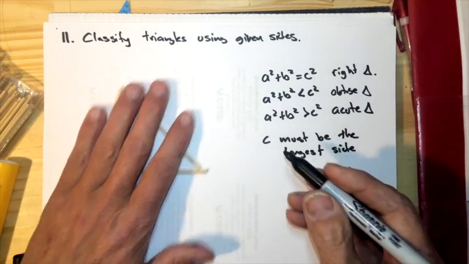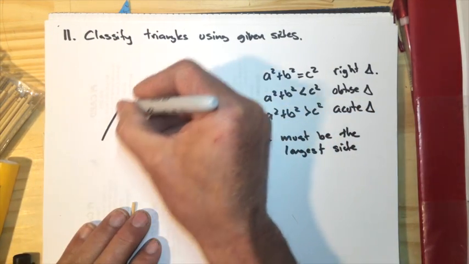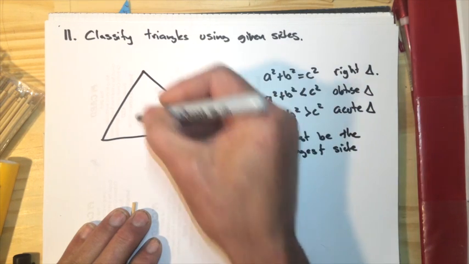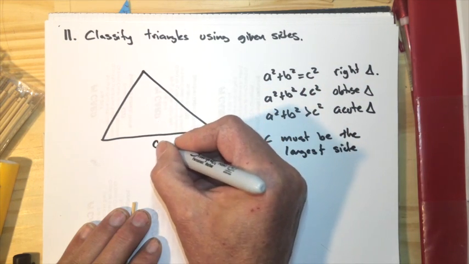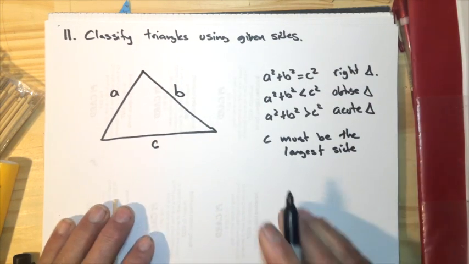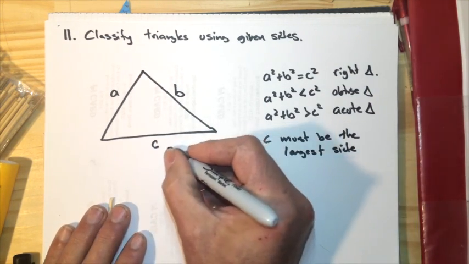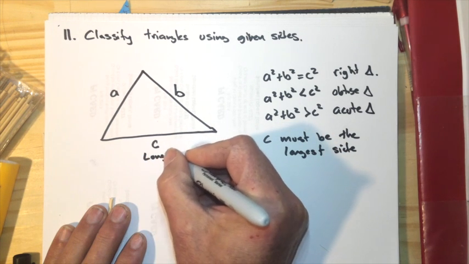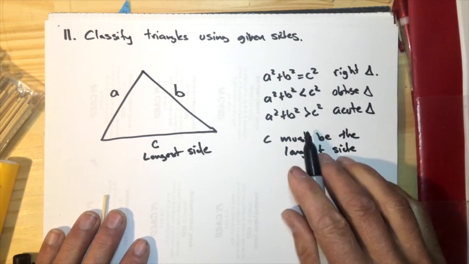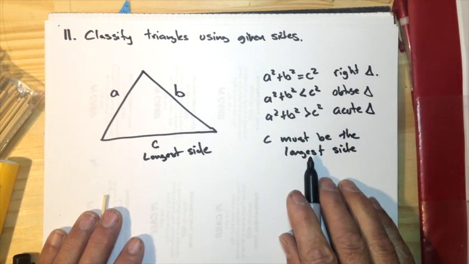And that's it. So let me just draw this picture here. I have some triangle, and I determined that one side is the longest. Let's call it C. And the other two sides would be A and B. So remember, this is the longest side, and you just plug it into the Pythagorean theorem and make this determination.